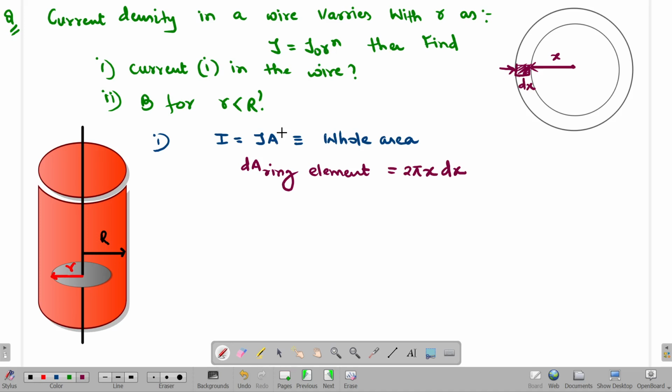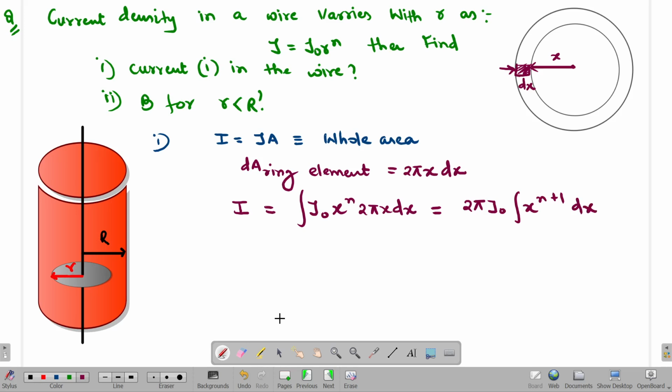Now here it is r to the power of n. So if I want to define the current, the current equation will be the integral of J, where J is J naught r to the power of n, so it will become x to the power of n times 2 pi x dx. So this is equal to 2 pi J naught outside the integral, x to the power of n plus 1 dx.